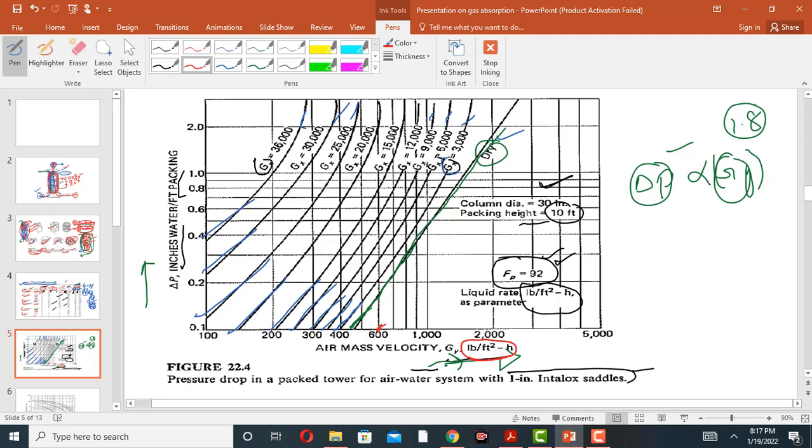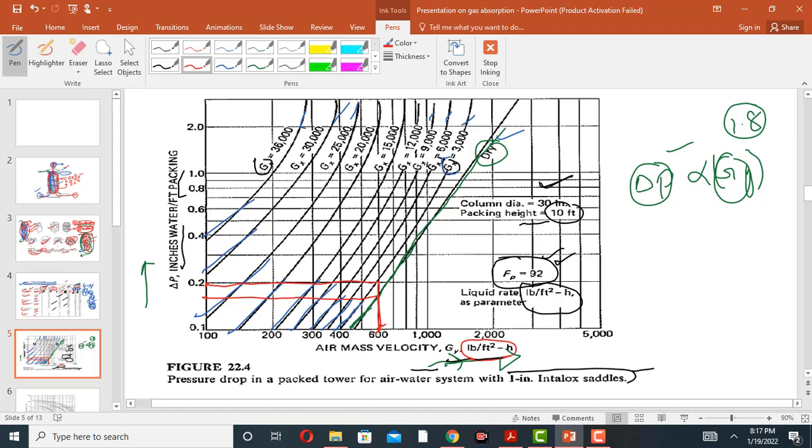For this gas mass flux, the dry packing will give us a pressure drop of about 0.16 or 0.17. Similarly, for the irrigated column at the same Gy, the pressure drop will be 0.2.